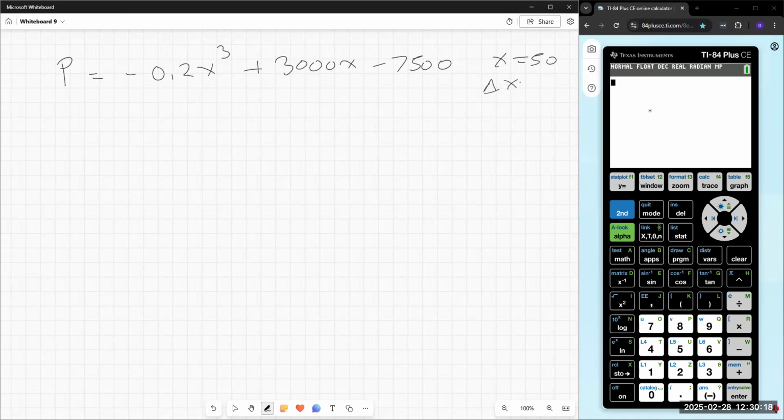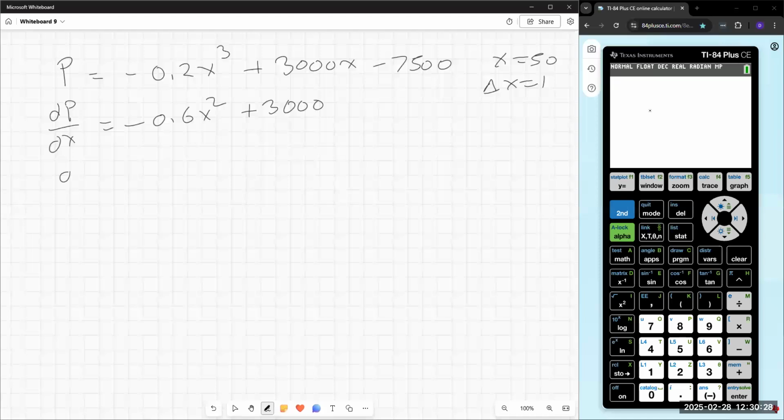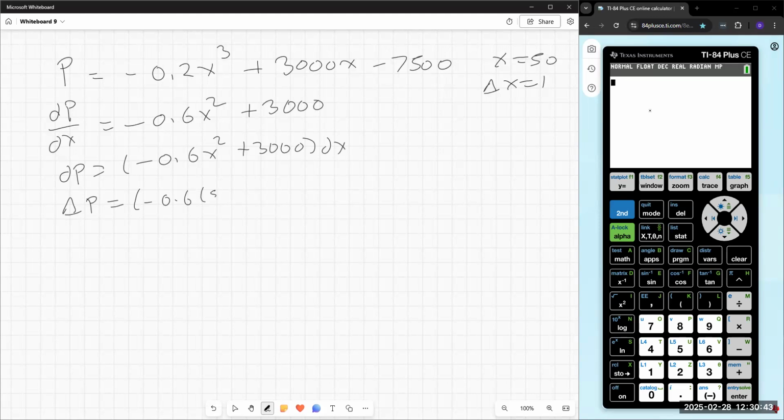Delta x is going to be 1. dP/dx is negative 0.6x squared plus 3,000. dP is exactly negative 0.6x squared plus 3,000 dx, which makes delta P equal to negative 0.6 times 50 squared plus 3,000 times 1.